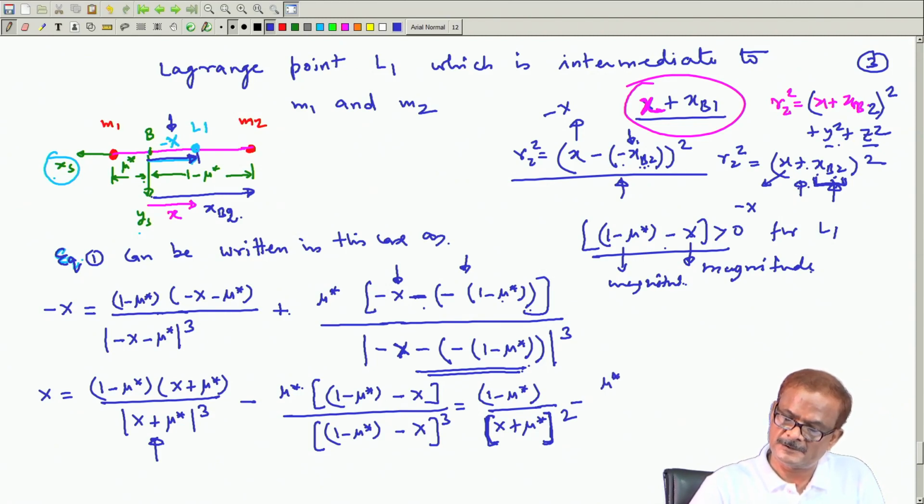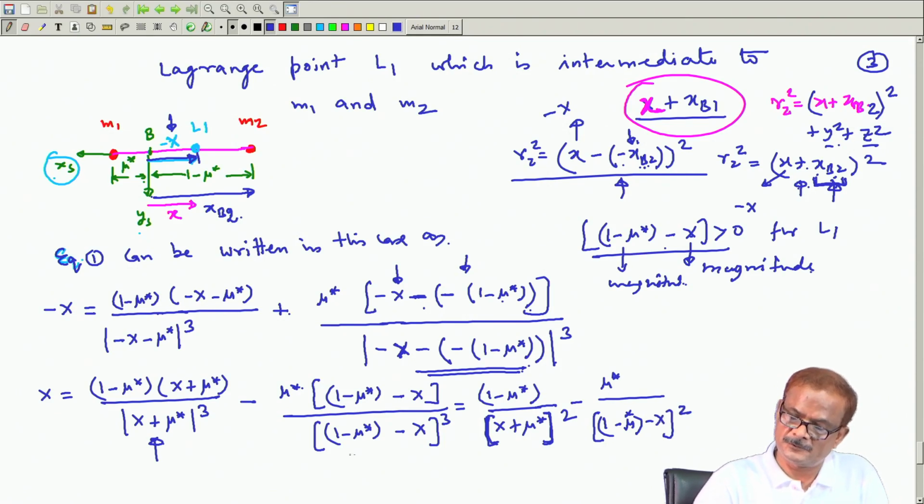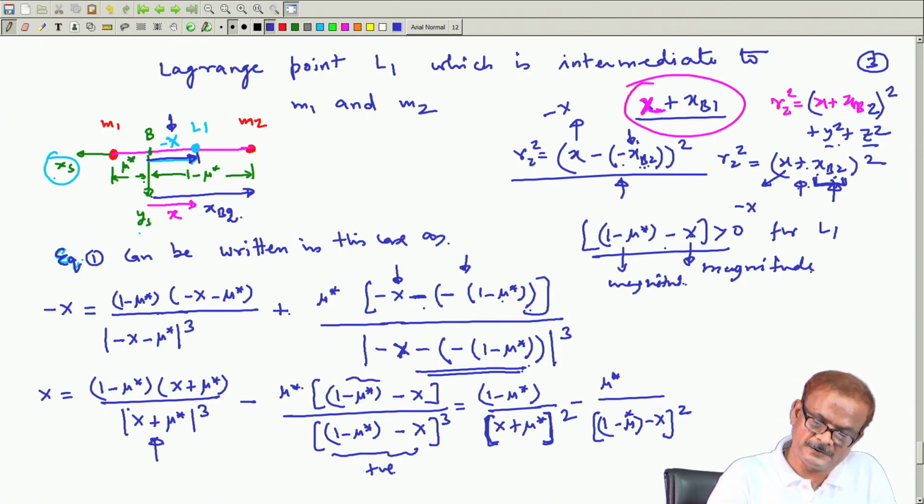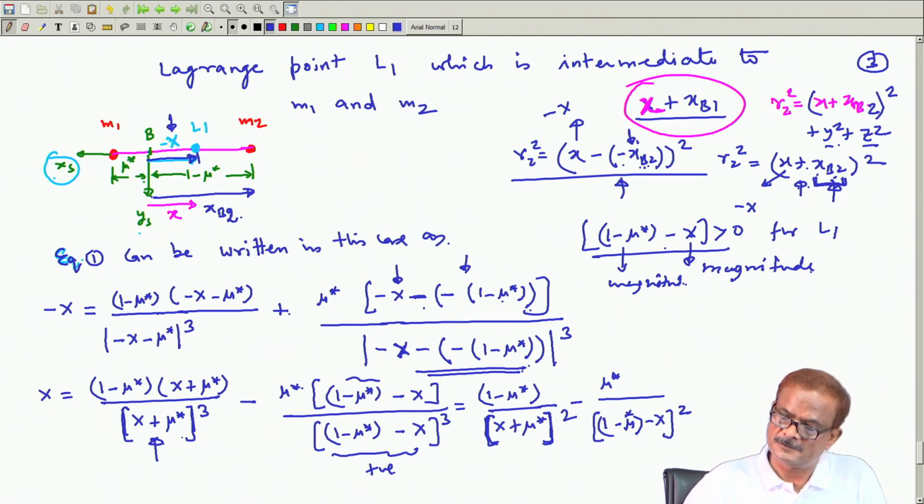So, this is mu star divided by 1 minus mu star minus x square, because this quantity is positive. Here also we can put it like this at this stage itself. Because this is positive, in the numerator and denominator we can break it out.